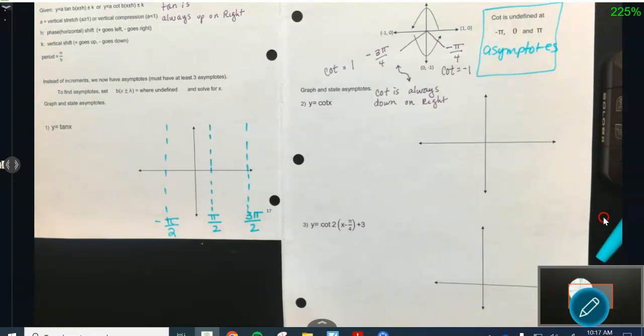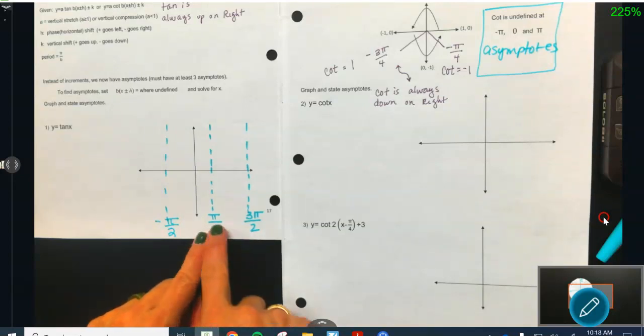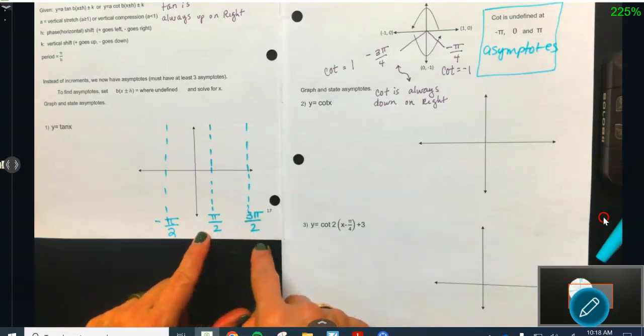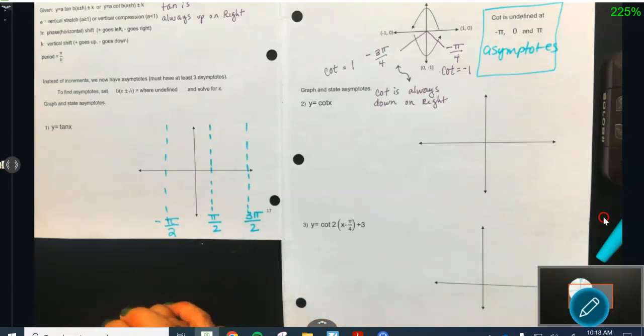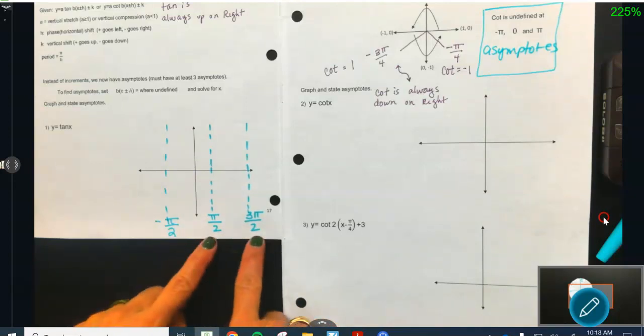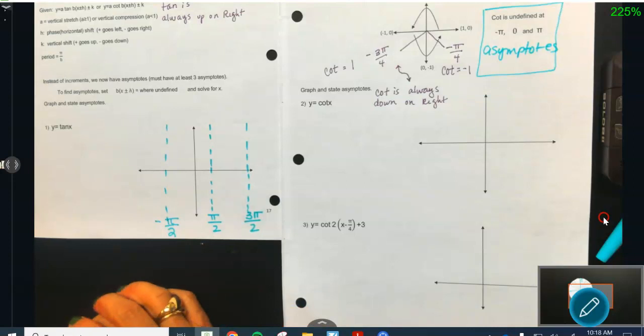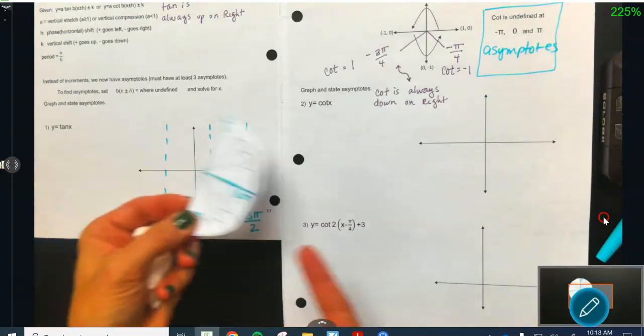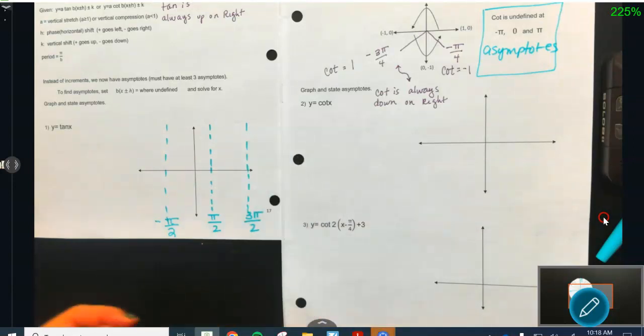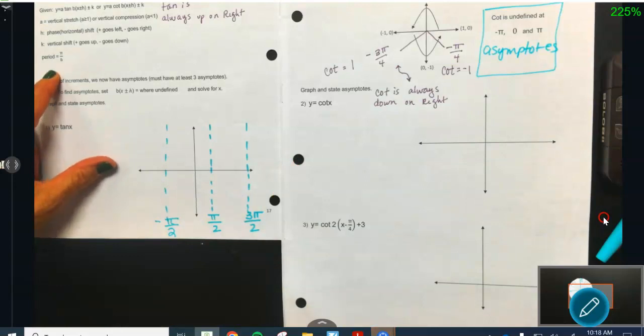How far apart are these lines? How far apart is it from 1/2 to 3 over 2? 2 pi over, and what does that simplify to? Pi. That's the half circle. They're all that far apart. So the period, look, the period changes now.